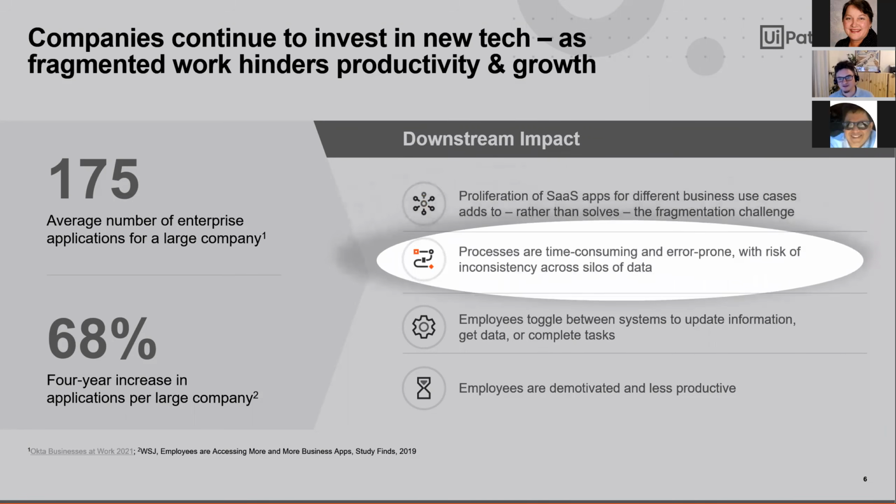And as a result of all this fragmentation, processes are becoming time consuming. I don't know how you guys are doing, but when I'm working on a daily basis with all these apps, there are a lot of different apps, and I'm not a business user, but constantly I'm being prompted to do multi-factor authentication, and there's a different UI that works a little differently, and so on and so forth.